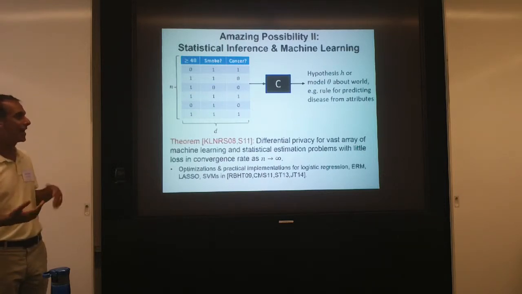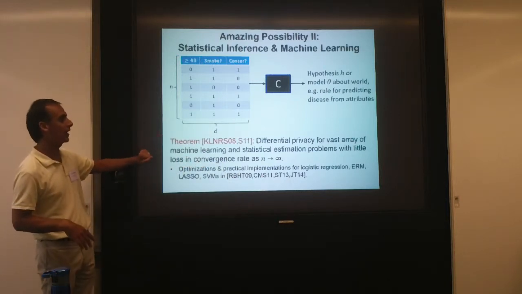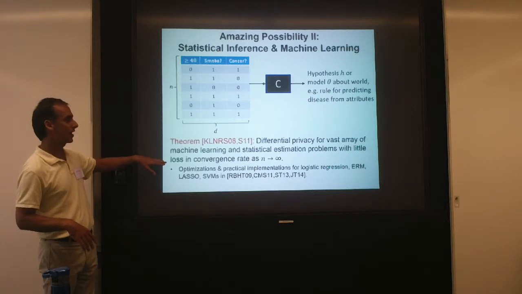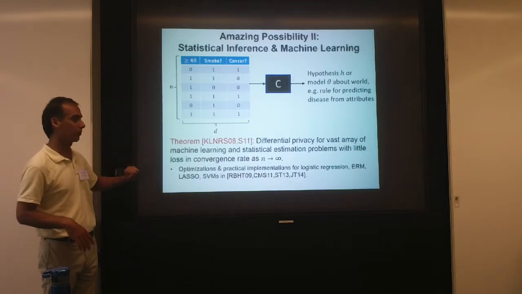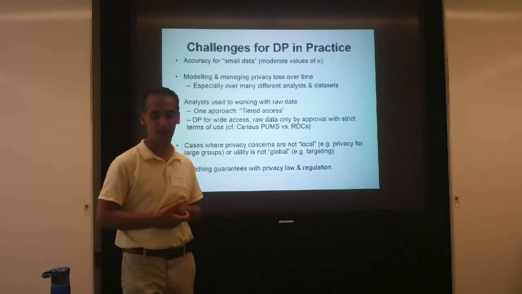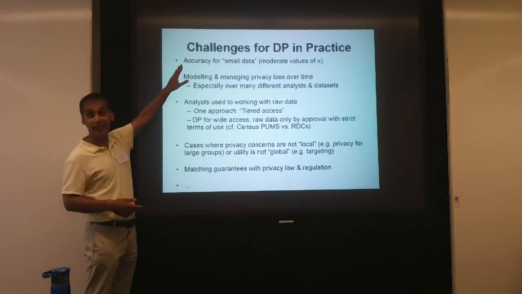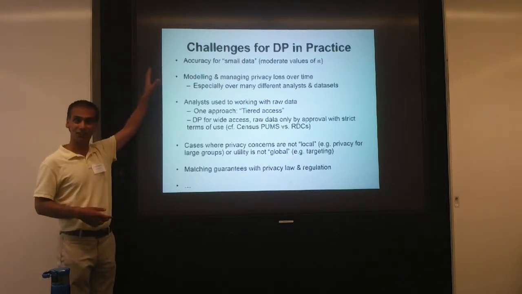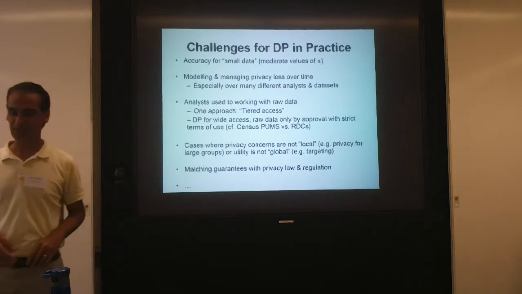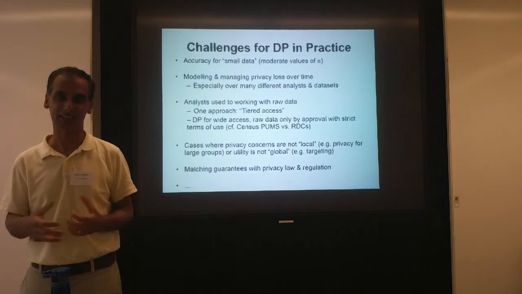Again, as n goes to infinity, the inferential properties and the convergence rates are similar to what you would have without privacy. But there are again challenges in making these theoretical results practical. One of the most prominent is that n is not going to infinity in practice. You need things to work for data sets of actual size that researchers are actually collecting and dealing with.